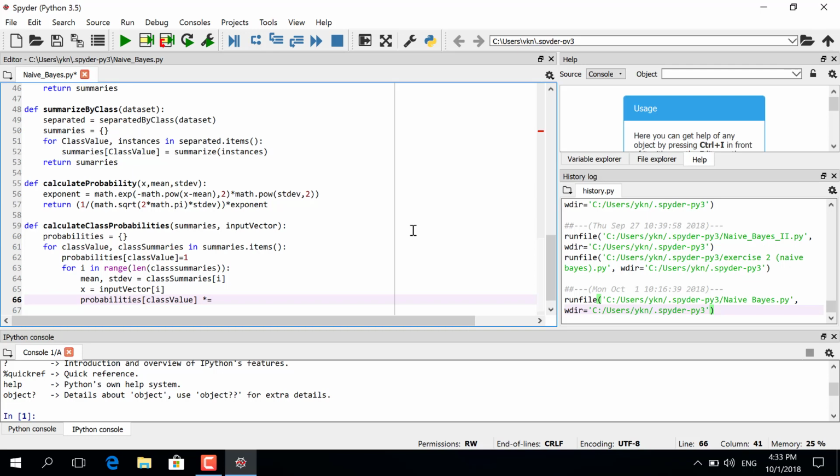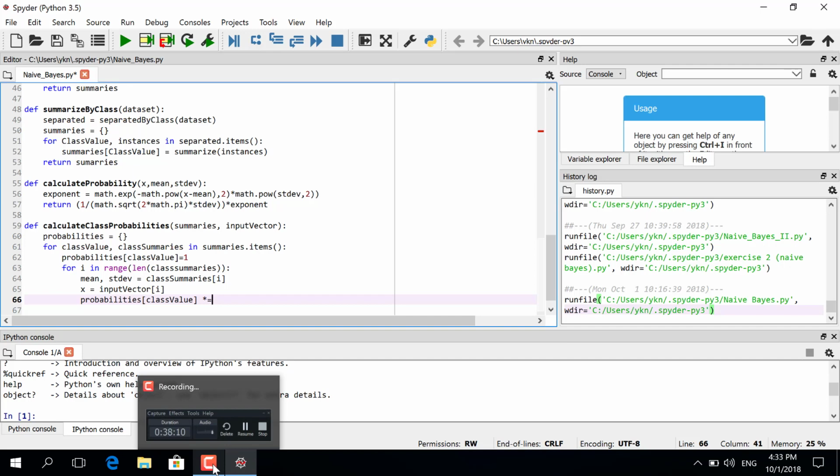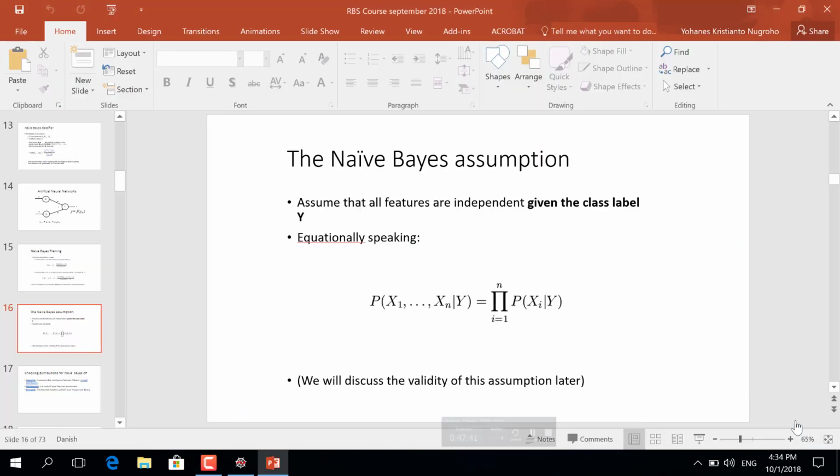Star equal means items within each column should be multiplied in order to get the probabilities of the class value. So it is actually the equation for capital Pi. So here I think we can show you the origin of this probability function.